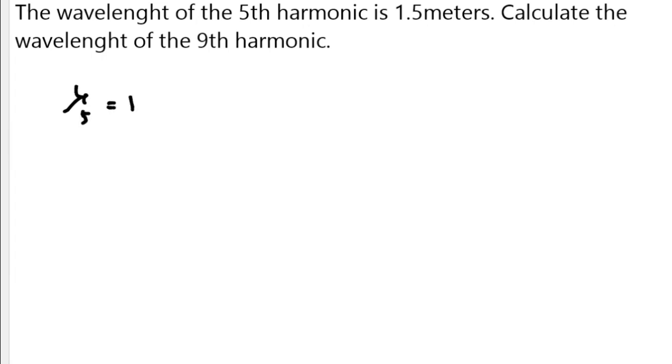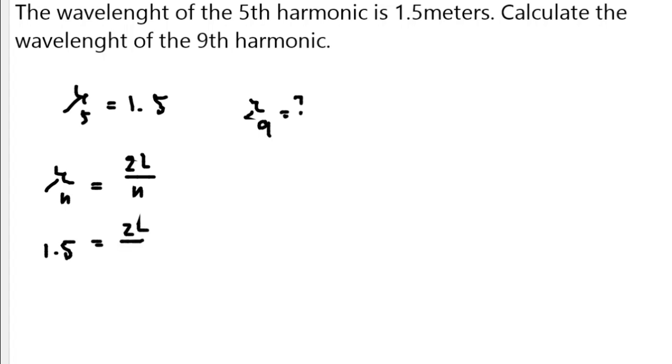Calculate the wavelength of the ninth harmonic. So what we can do here is just arrange the numbers in order. So we have the wavelength of 5 and a wavelength of 9. So let's make them a number. We have 1.5 times 2L, and we have 5 here. Now we can just cross multiply, so that 2L is equal to 1.5 times 5, divided by 2, which is going to be 3.75 meters.